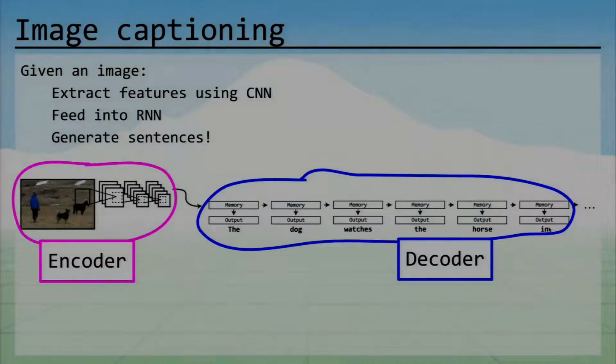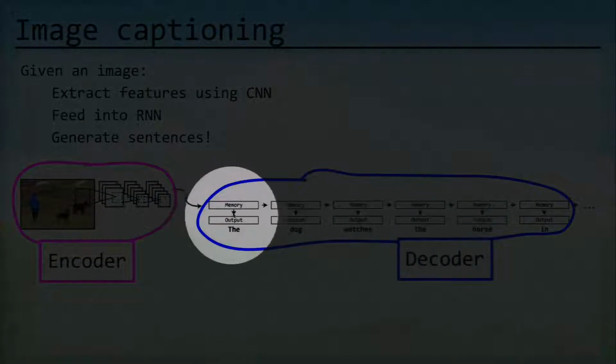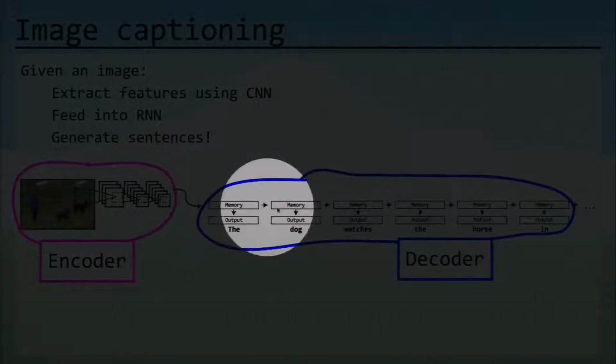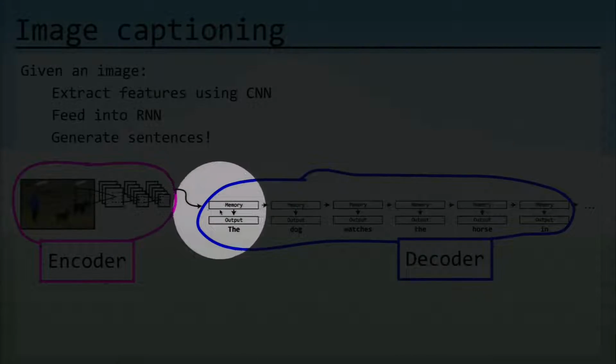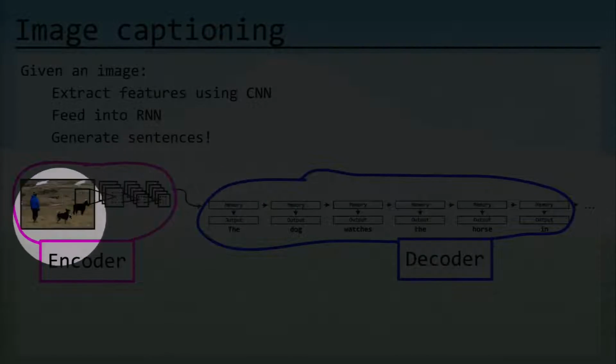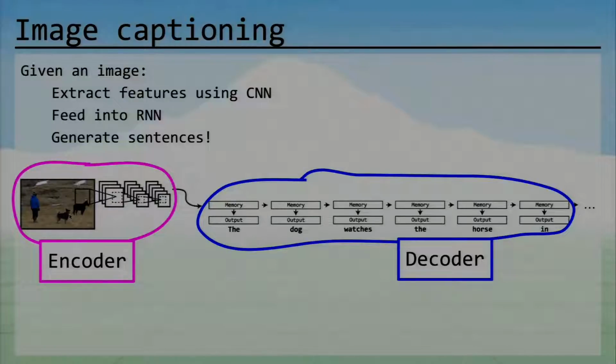We generate some sentence, and we have some sentence that we wanted our decoder to generate, so we can calculate a loss function between the sentence that we produced and the sentence that we wanted to produce. Then we can calculate our error and backpropagate it all the way through time, through this entire recurrent neural network, and then backpropagate it backward all the way through our convolutional neural network as well.